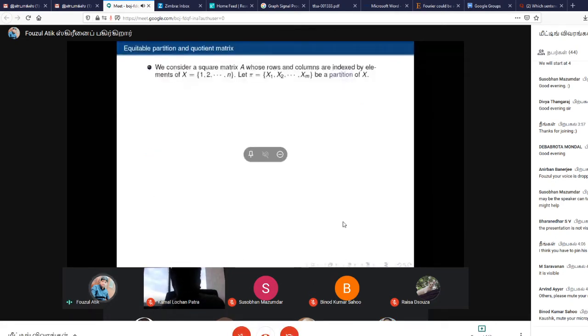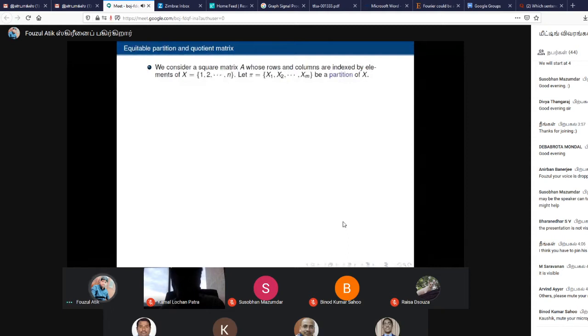Now come to the actual topic, the equitable partition and quotient matrix.